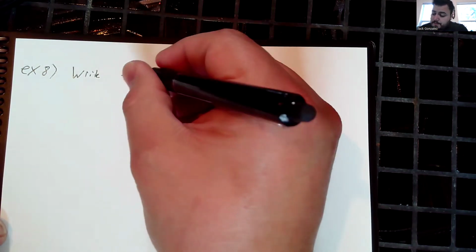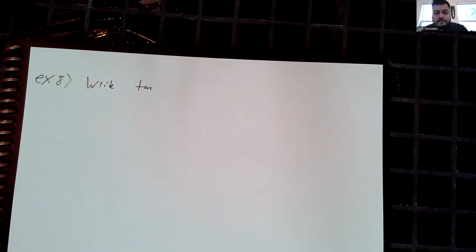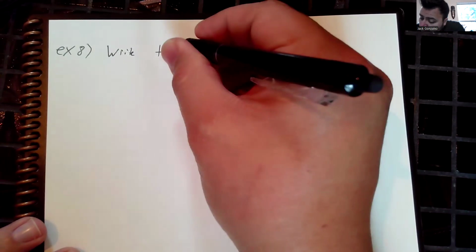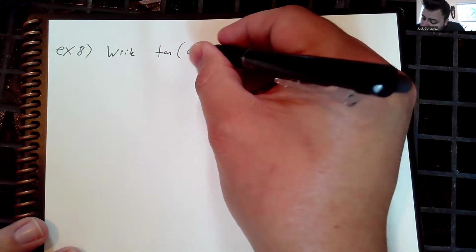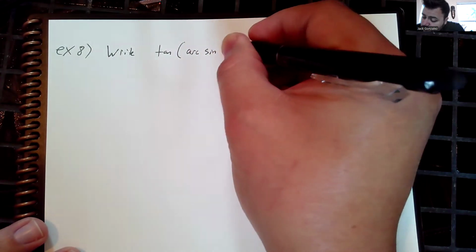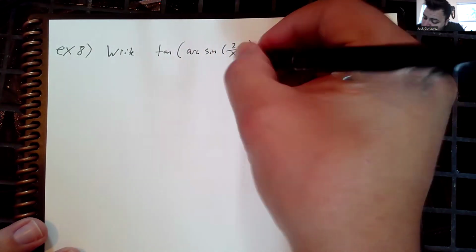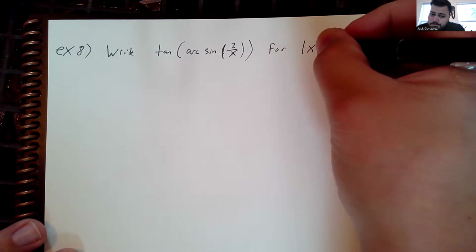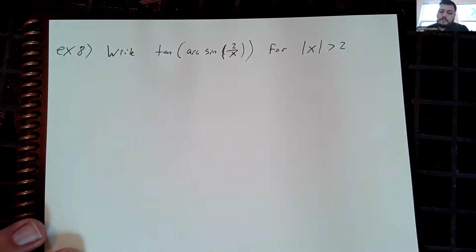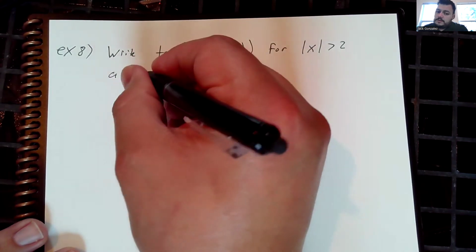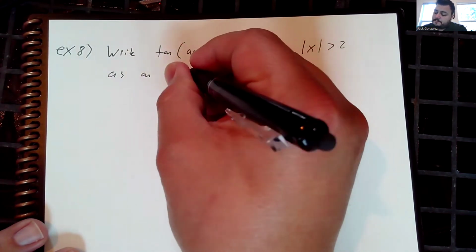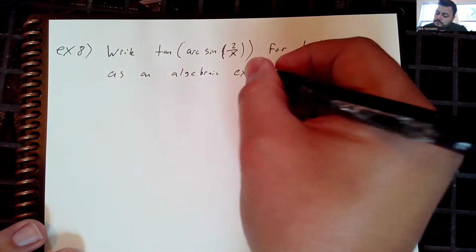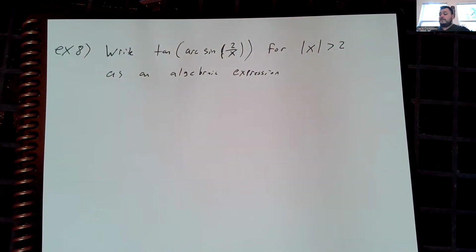Write tangent of arcsine of 2 over x as an algebraic expression. So the same deal, right?